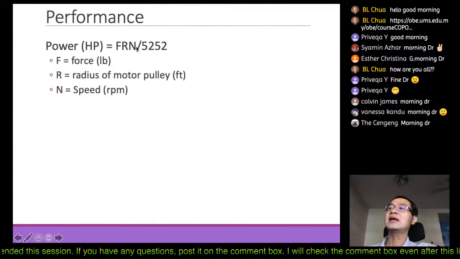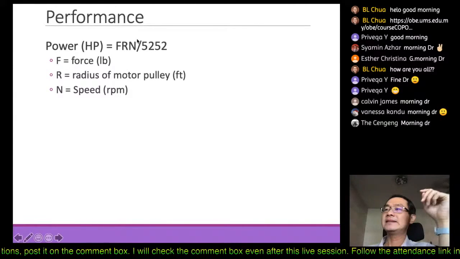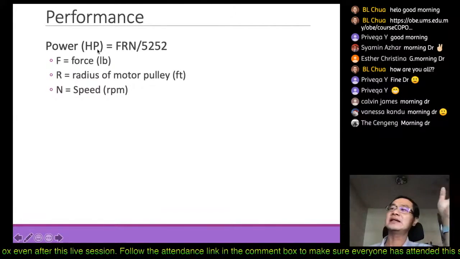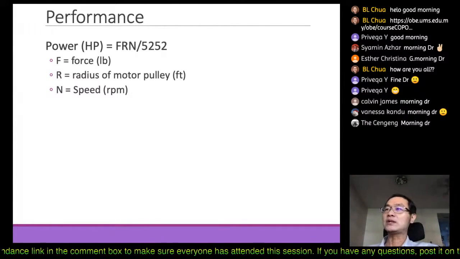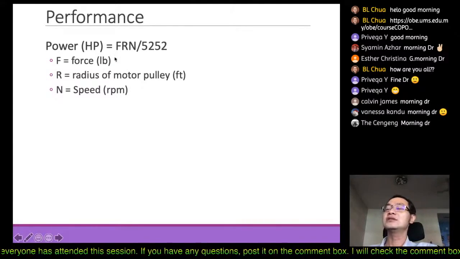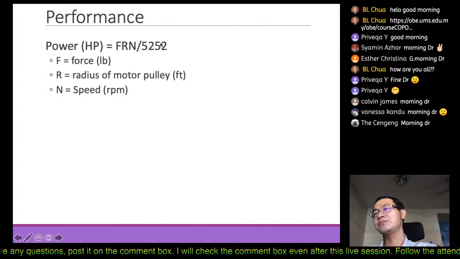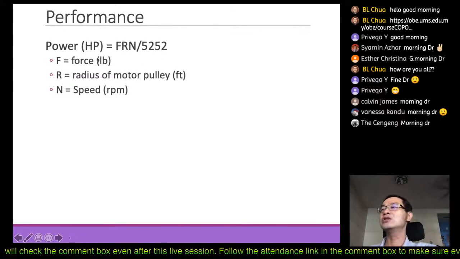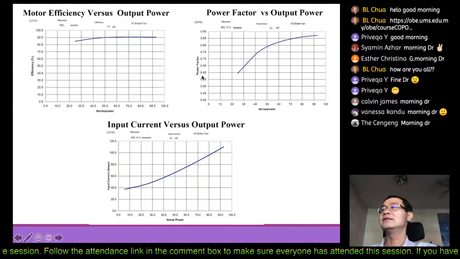But since they are in pound feet, we divide by 5252 to get the horsepower. For the watt, if you want the power in terms of kilowatt, you just have to do the same thing, and the equation may remove this 5252, that's all. So the units have to be SI units to get the watt.